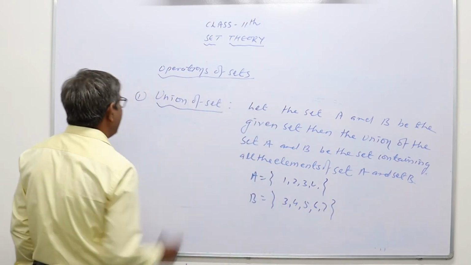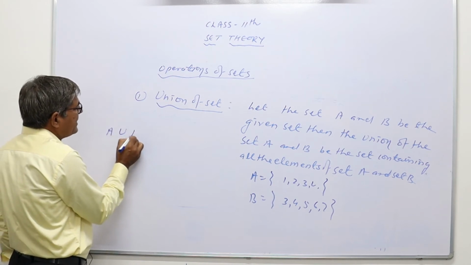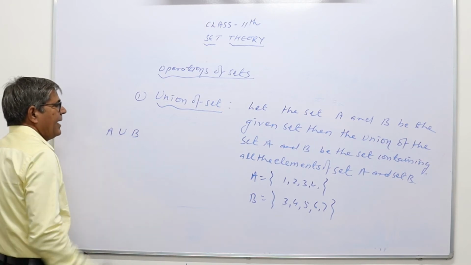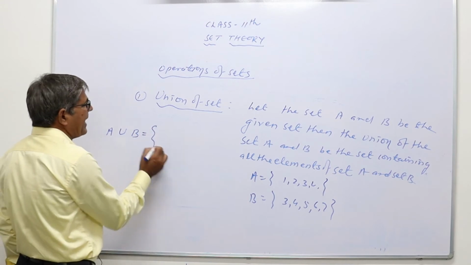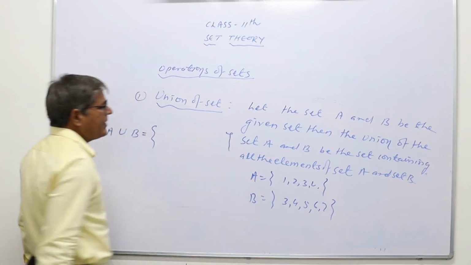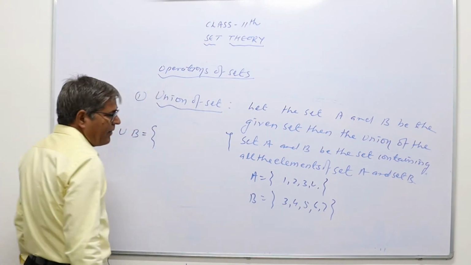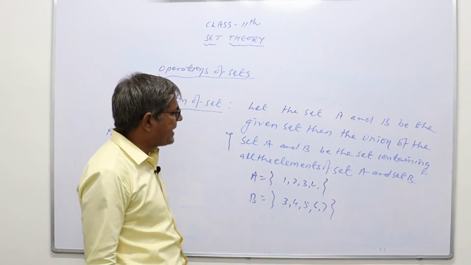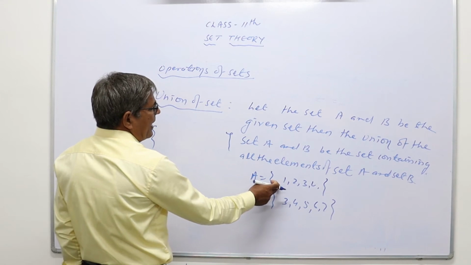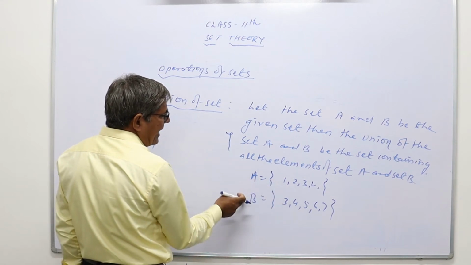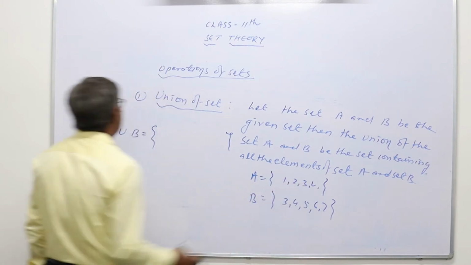Then the union of sets A and B is represented by A union B. This is the symbol for the union of sets A and B, and it will be the set which contains all the elements of the given sets A and B. So if we have to write the union, we write all the elements in sets A and B, but those elements which are repeated in A and B, we write only a single time.